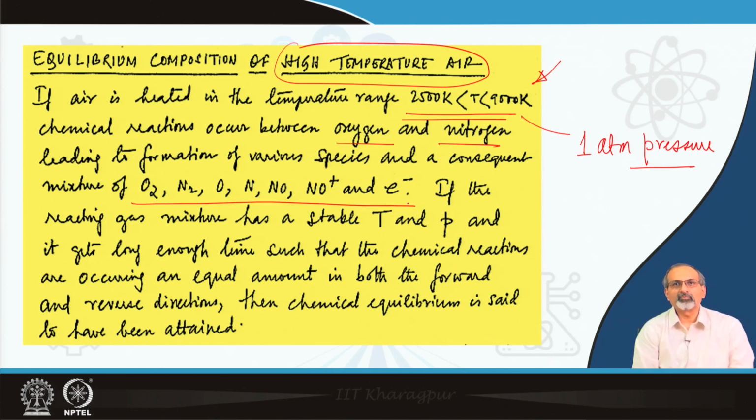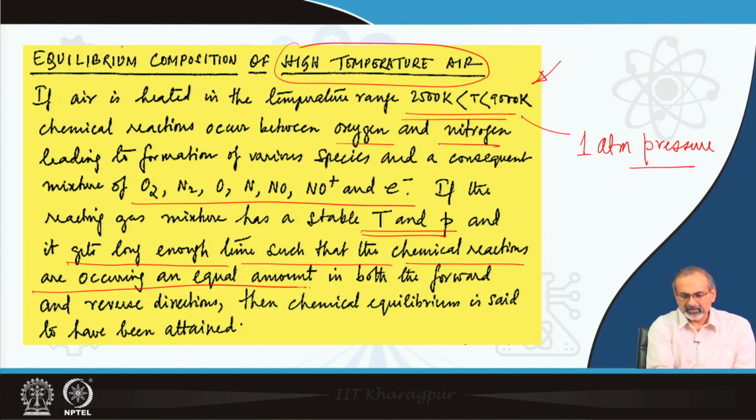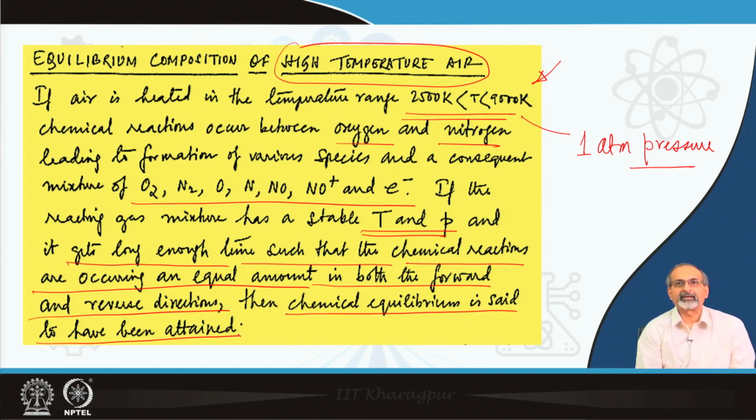These are the most important ones, and if we are able to keep the temperature and pressure stable and the gas gets long enough time so that the chemical reactions are occurring in equal amounts in both the forward and reverse directions, then chemical equilibrium is said to have been attained. That means the net reaction rate would then tend to 0. This is typically where chemical equilibrium is established.